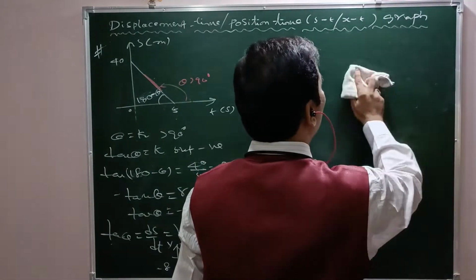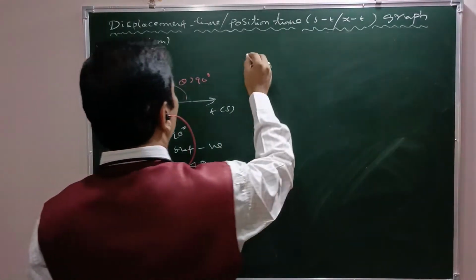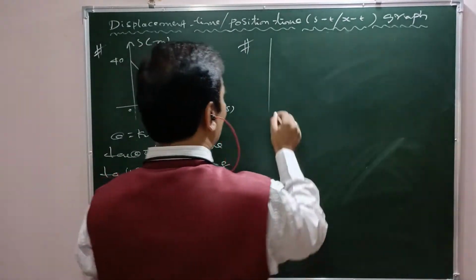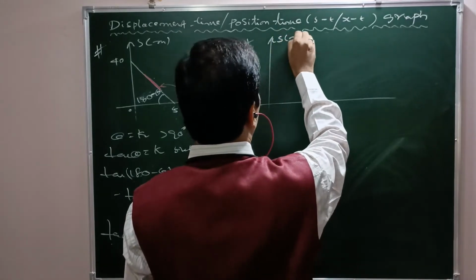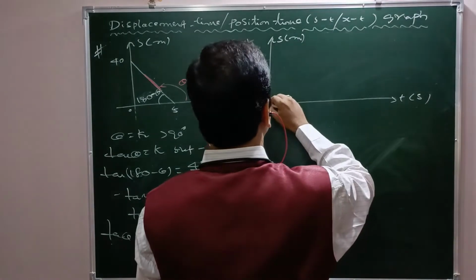This time you are given displacement versus time as follows. Next one. See, a graph is given like that. Displacement in meters, time in seconds. Suppose this is the graph.